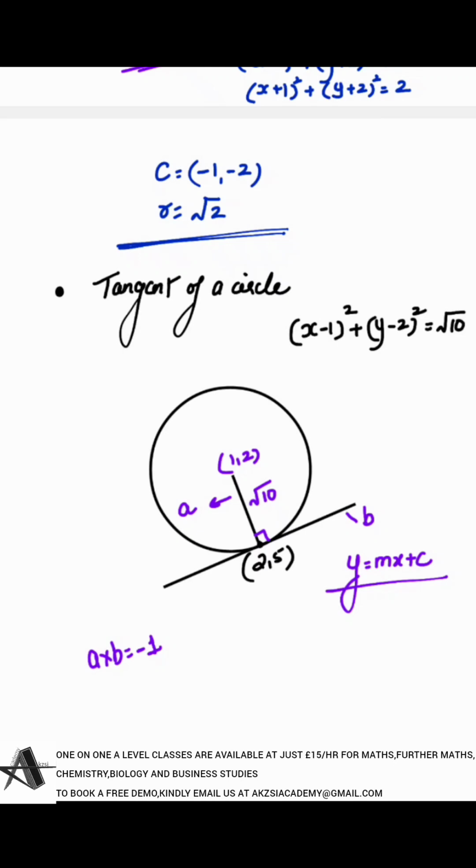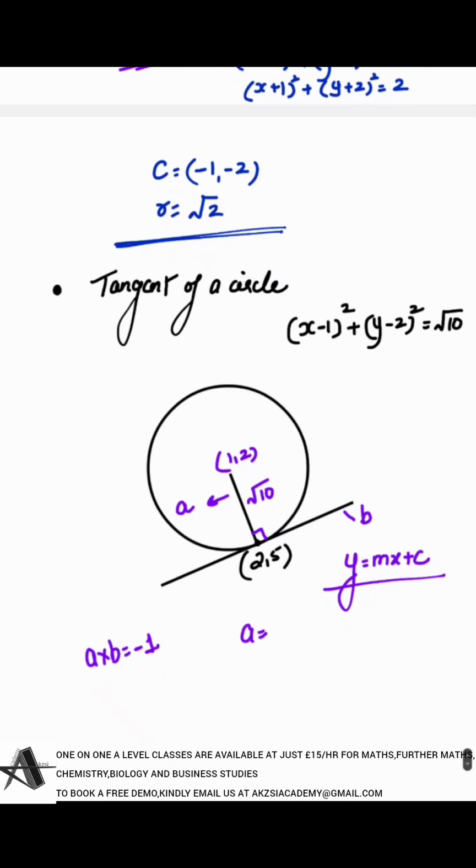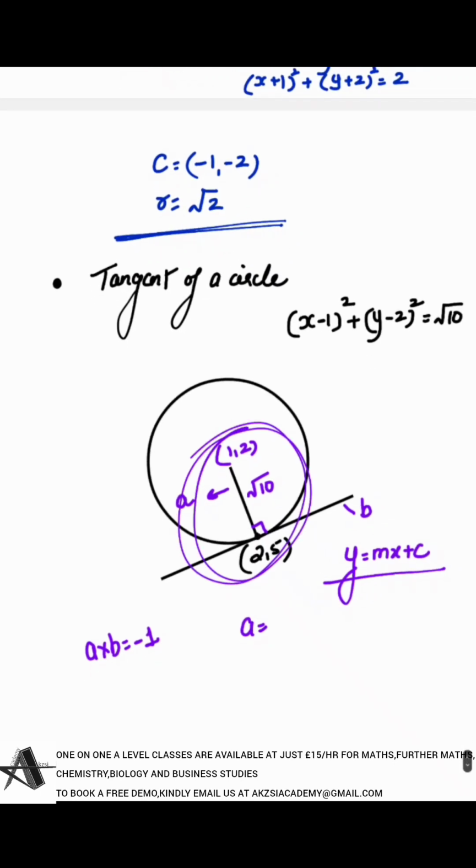We have two endpoints of the radius, so it's very easy to calculate the gradient. The gradient of this line will be change in y over change in x, which is 5 minus 2 over 2 minus 1, which is 3.